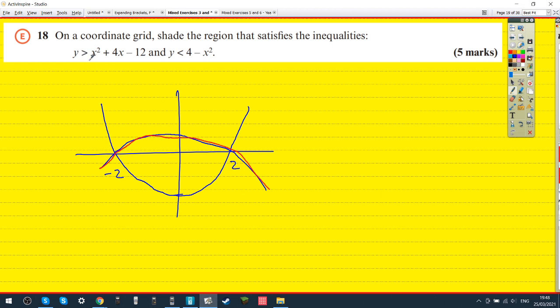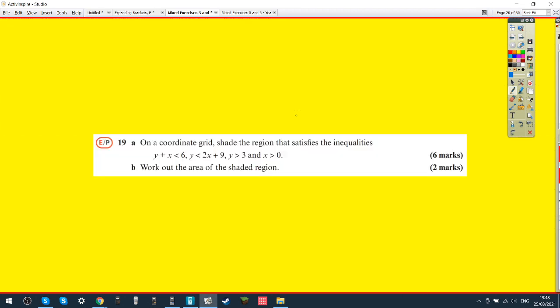Is it the area below the y-axis? Between the minus 2 and the 2, the whole thing in between. That's it, because it is greater than the blue one and less than the red one.